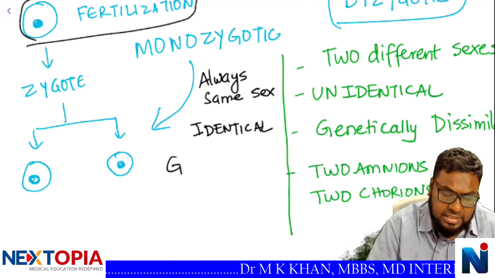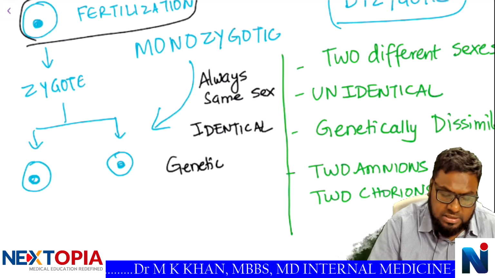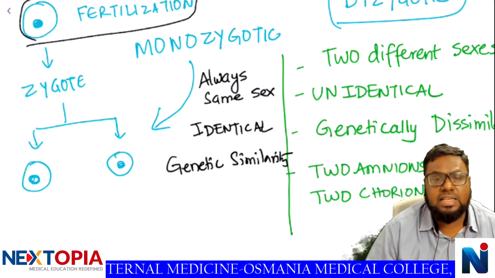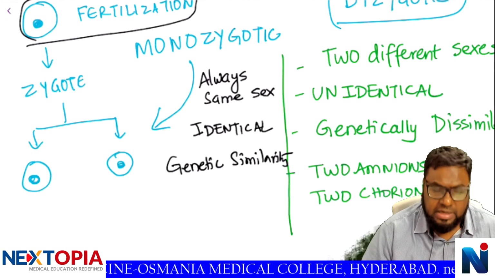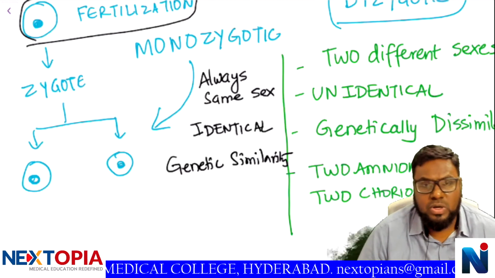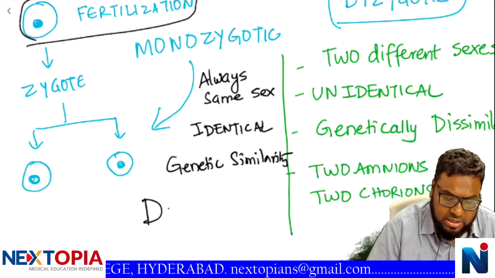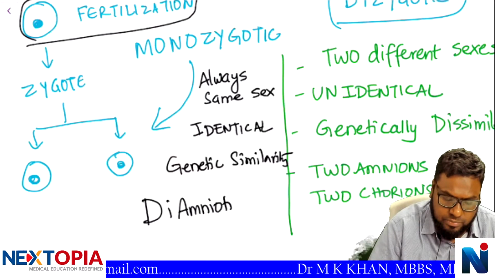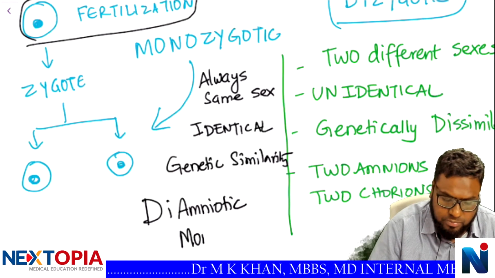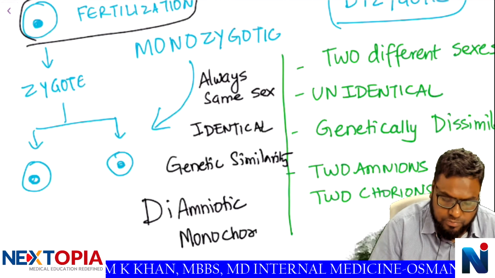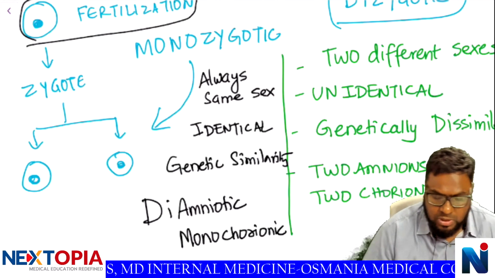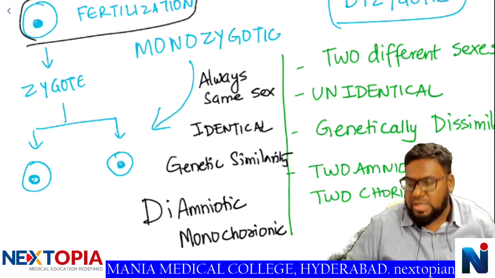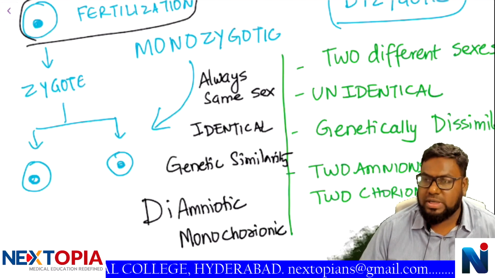They are genetically very much similar. So here the division of the chorion and amnion is something like this. They are diamniotic, monochorionic usually.